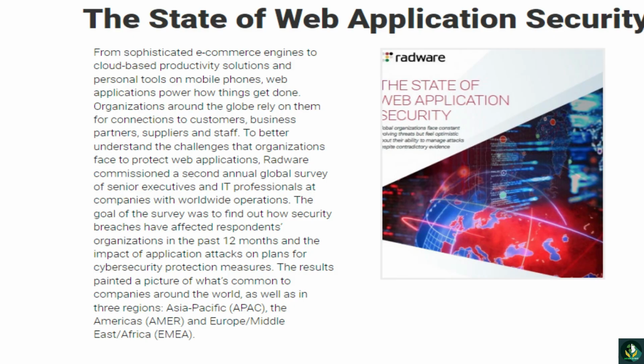The goal of the survey was to find out how security breaches have affected respondents' organizations in the past 12 months, or 1 year, and the impact of application attacks on plans for cybersecurity protection measures. The result painted a picture of what's common to companies around the world, as well as in three regions: Asia Pacific, APAC, the Americas, AMER, and Europe, Middle East.